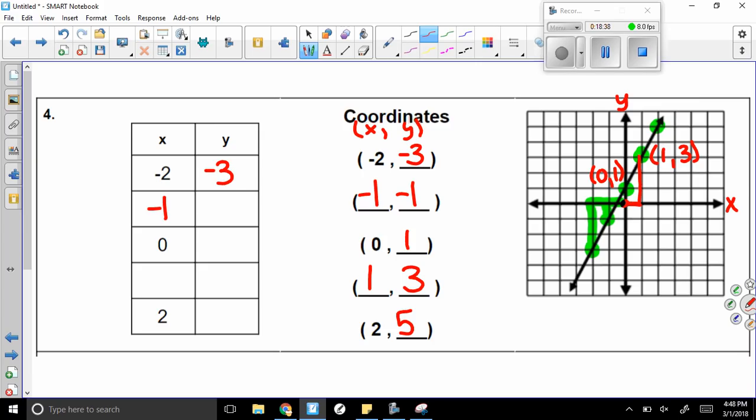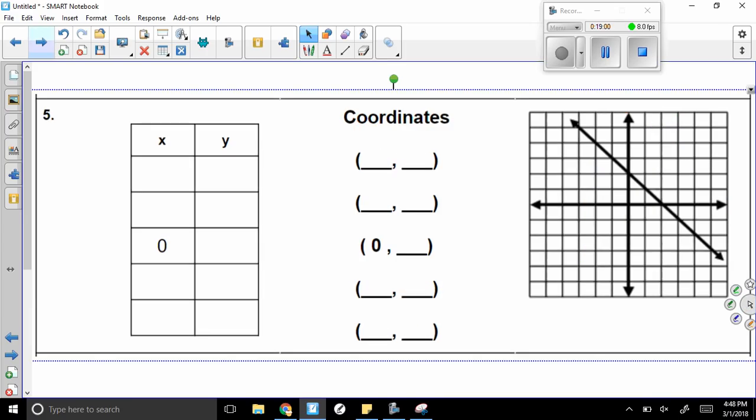So we're using the graph, and we're using the missing pieces and the pieces they gave us to fill in the pieces that go with the x and y. So they gave us a -2, so we had to find a -3. If they don't give us something, we can find it on the graph and create our own x and y. So let's go ahead and try example number 5.